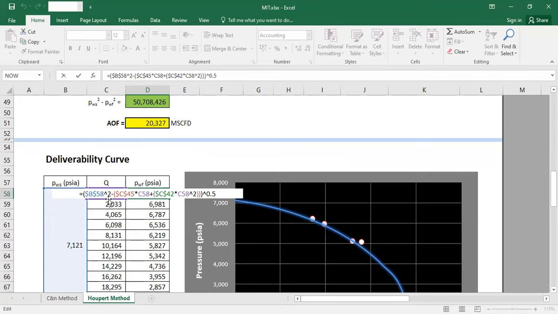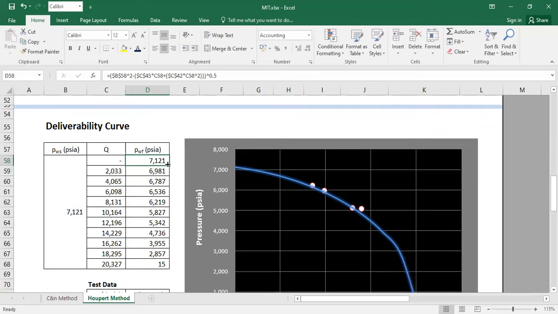All right, and don't forget, everything will be square root, or powered by 0.5. Okay, and then you can just drag and you can get the solution. Okay, and maybe I can expand this like this.